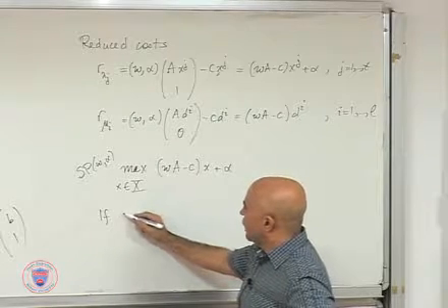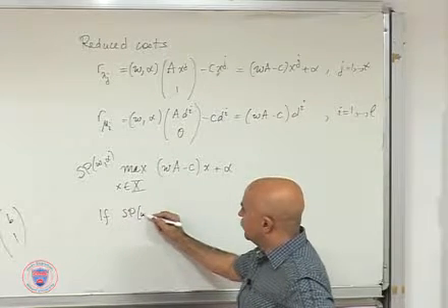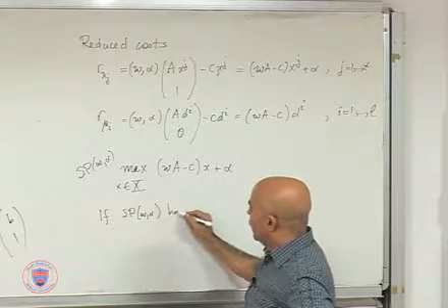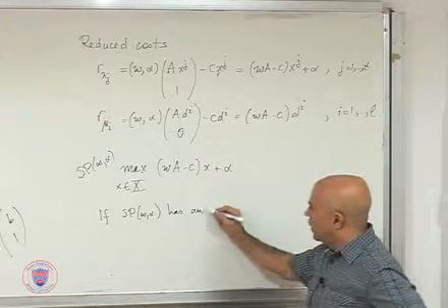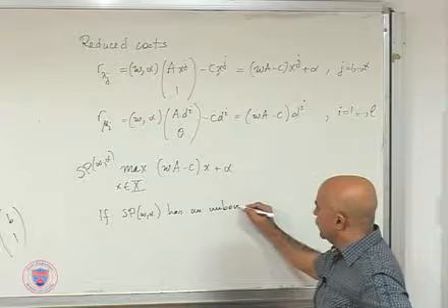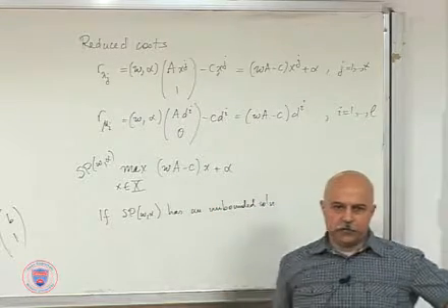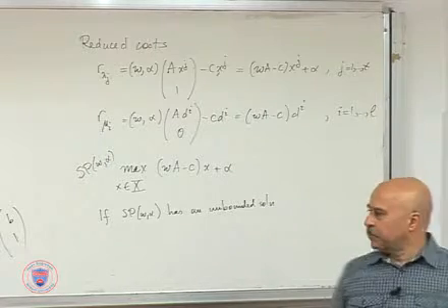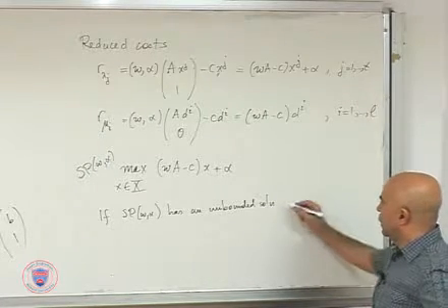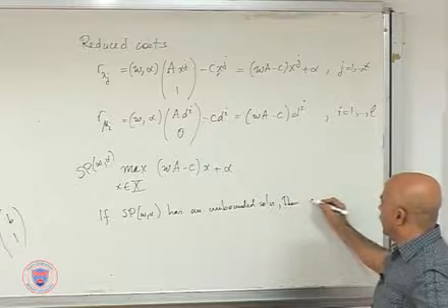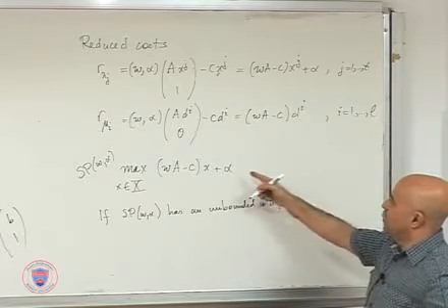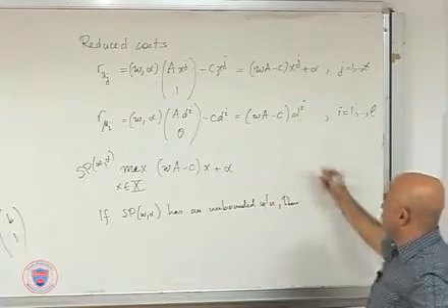If the subproblem has an unbounded solution, this problem could have an unbounded solution. Then it can be caused only by one of these extreme directions.